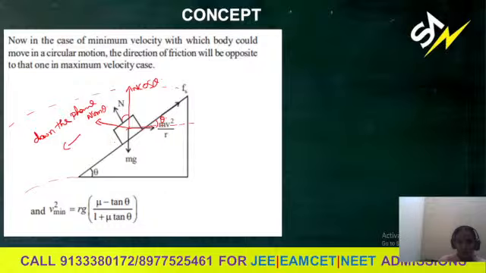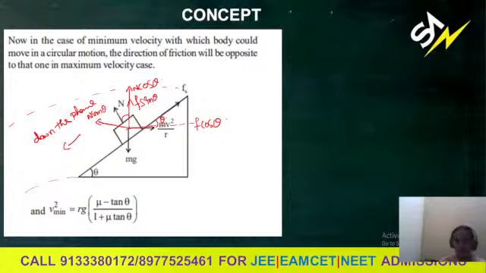So along mv squared by r there is f cos theta, and the opposite side, as friction makes angle theta with the horizontal direction, will be f sin theta.